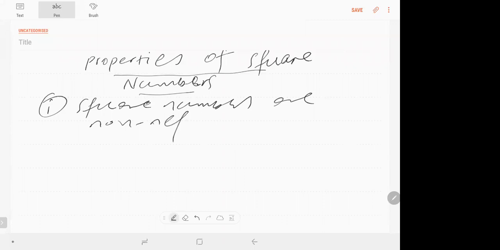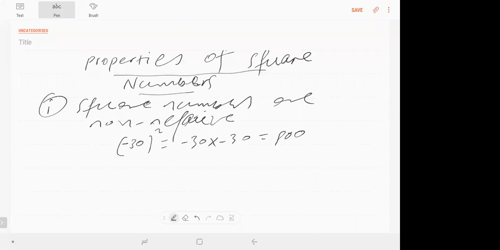To consider an example, if we take the square of minus 30, when we calculate the square of minus 30, which is equal to minus 30 times minus 30, the result will be positive 900. So if you take any rational number and take the square of that rational number, the value will be non-negative.